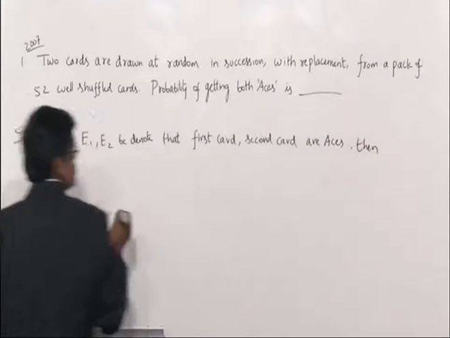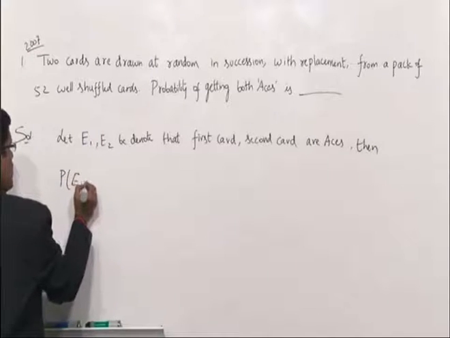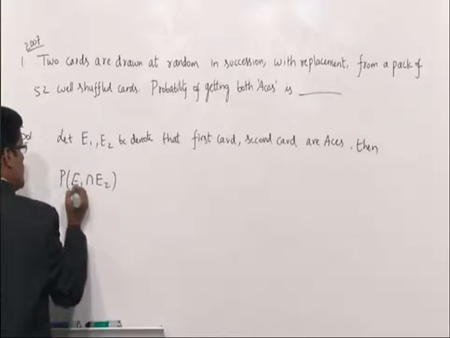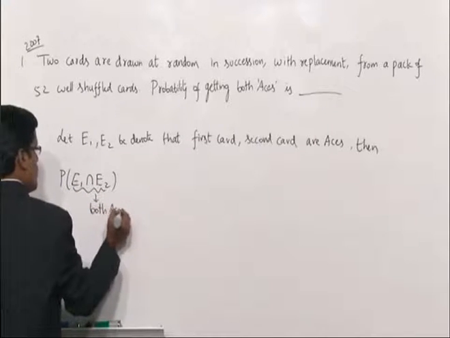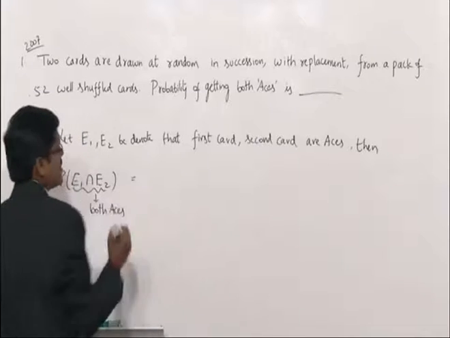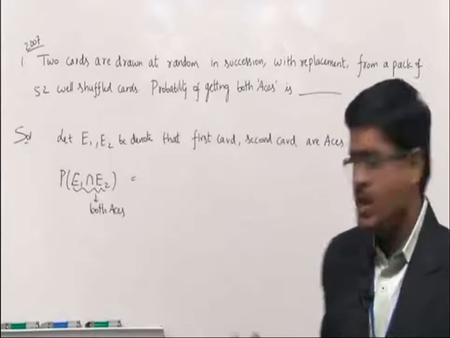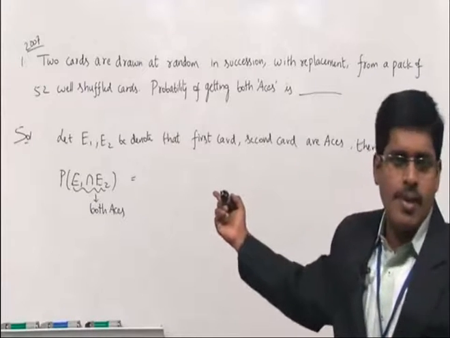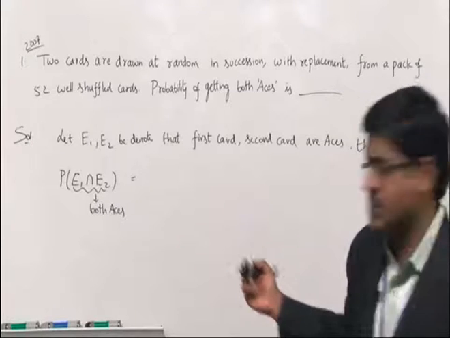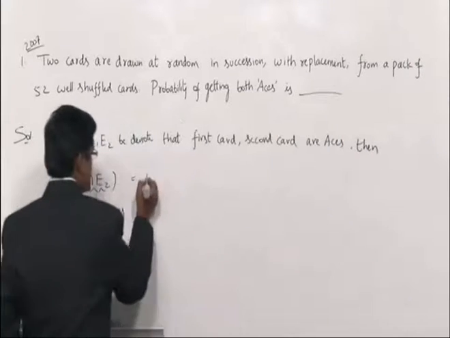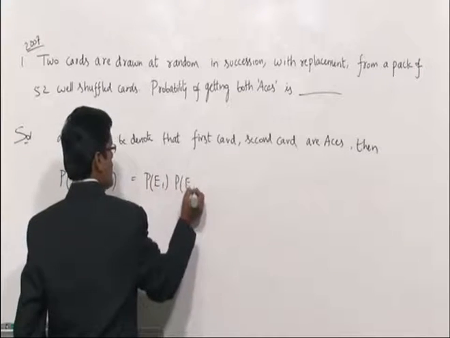Both are aces. That is P of E1 intersection E2. The meaning of this is both aces, according to set theory. Because I told you with replacement means independent events. Without replacement means dependent events. And just now I gave a formula: whenever A, B are independent, probability of A intersection B is equal to the product of their probabilities. So this can be written as P of E1 into P of E2.